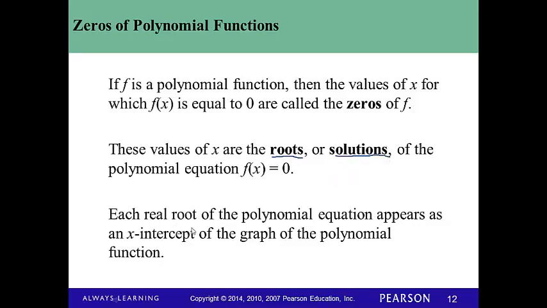Each real root of the polynomial function appears as an x-intercept of the graph of the polynomial function. So this is telling us that the words x-intercept, roots, solutions, and zeros all mean the same thing. You set f of x equal to 0, and you solve for x.